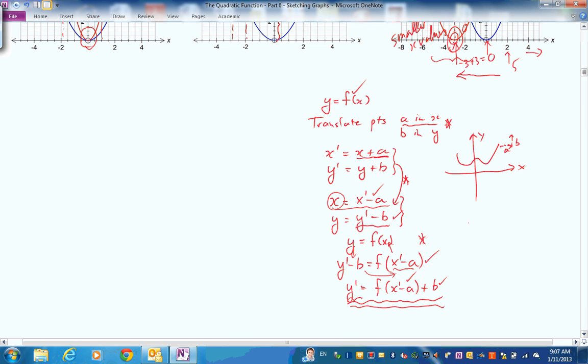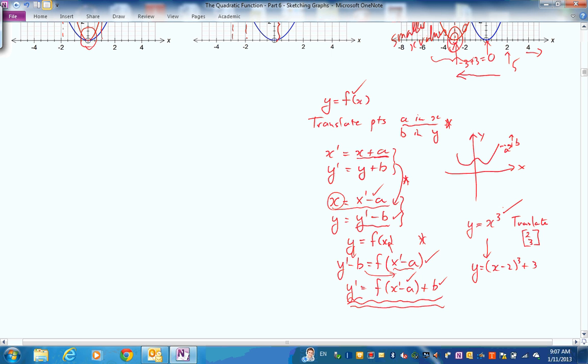So this result says it doesn't matter what the function is. Let's take y equals x cubed, and let's translate it 2 in the x and 3 in the y. What this says is that the new formula will be y equals x take 2 cubed plus 3.